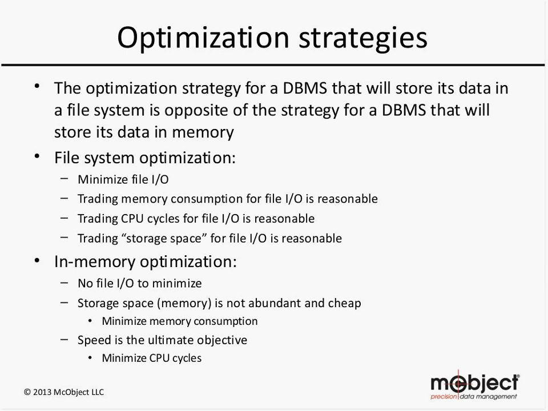And the major way by which database systems avoid file I/O is by creating and maintaining a cache. And this involves exactly the trade-offs that I just described. The cache uses memory, and the logic to create and use the cache uses CPU cycles. So we're using memory and we're using CPU cycles to avoid doing file I/O.